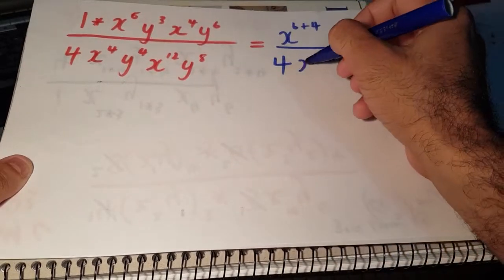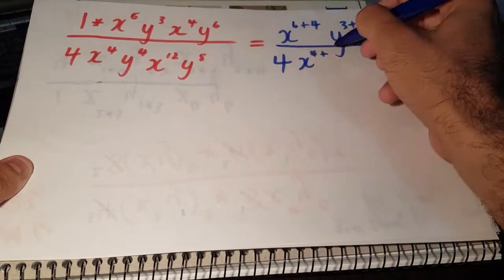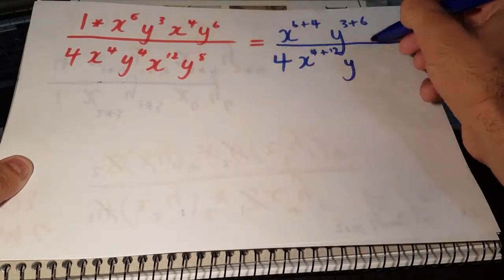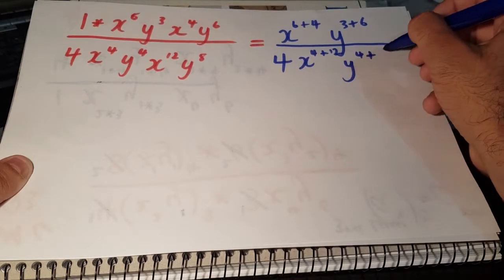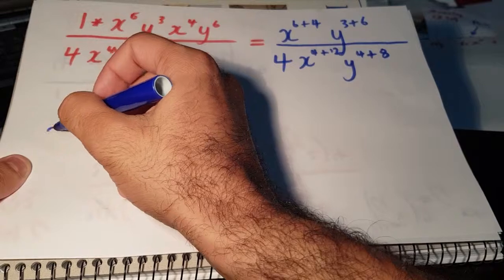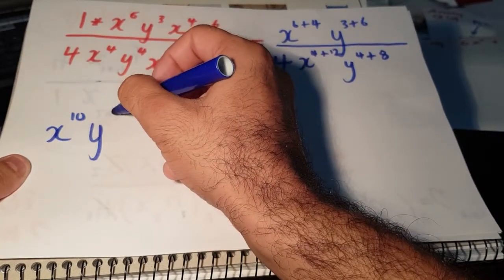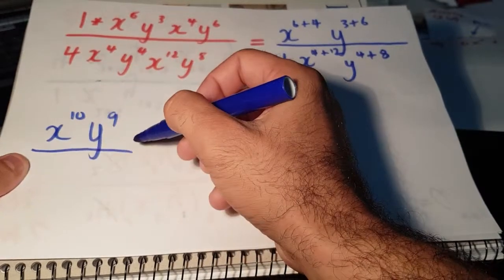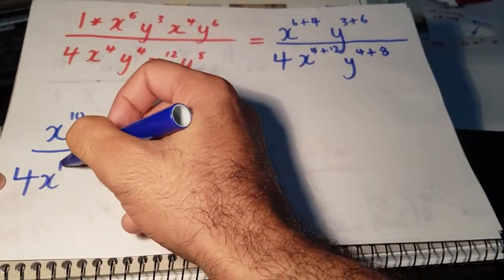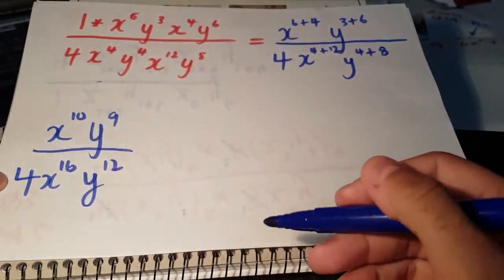So we have x to the power of 4 plus 12. And then we have y to the power of 4 plus 8. Now if we were to simplify that, there'll be x to the power of 10, y to the power of 9 over 4x to the power of 16 and y to the power of 12.